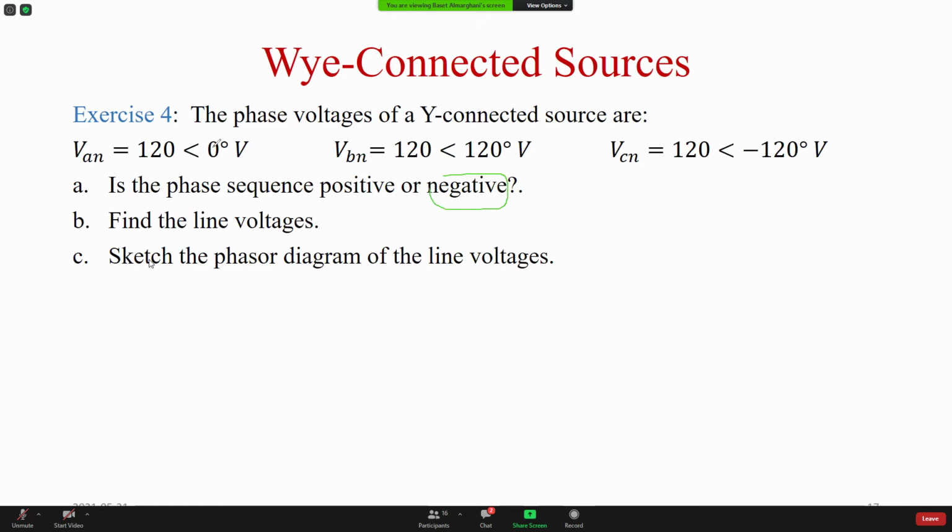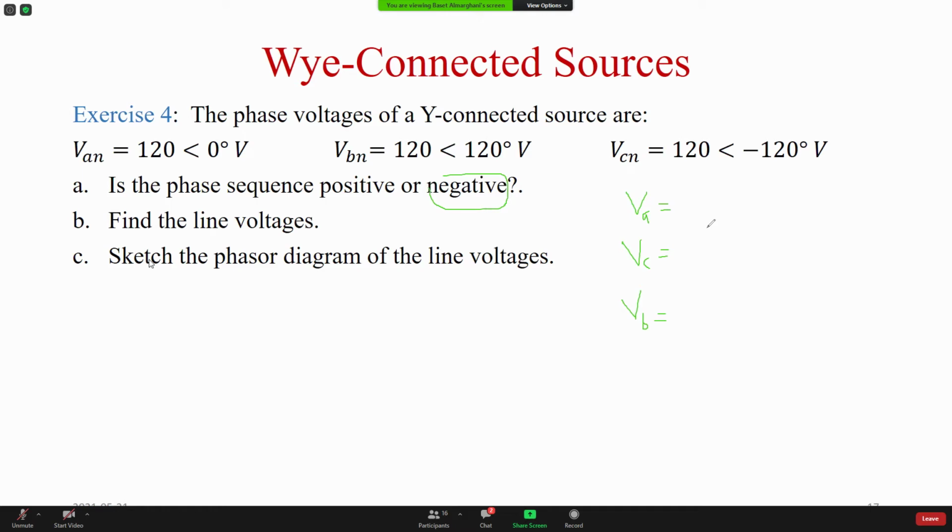Because 0 minus 120, this is A. When we subtract 120, it gives me C. So this sequence is like this: VA, VC, then VB. The sequence is like that.